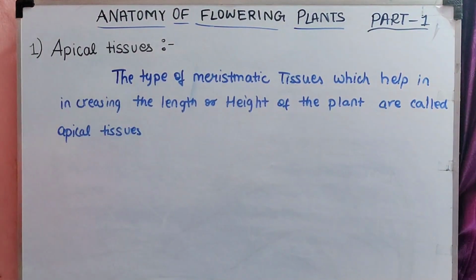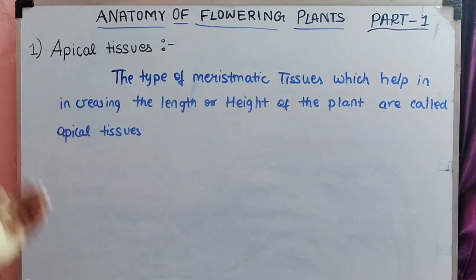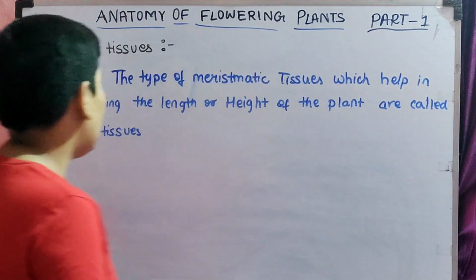So the type of meristematic tissues which help in increasing the length or height of the plant are called apical tissues.